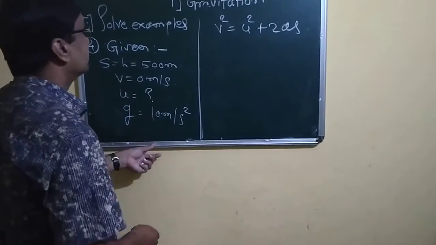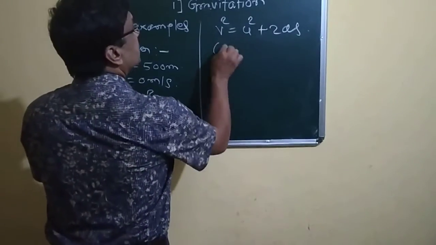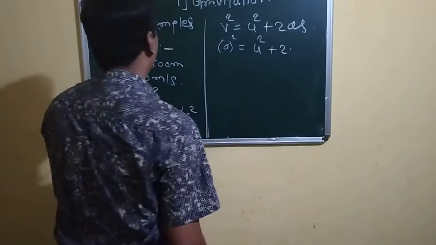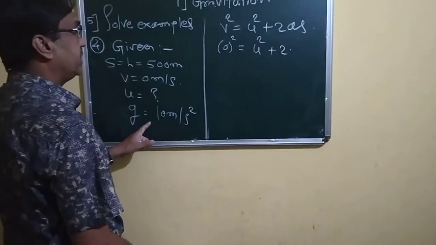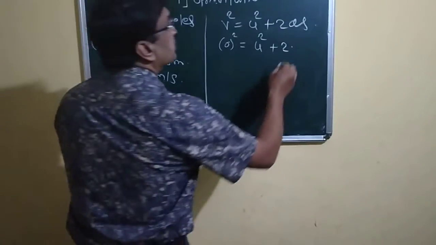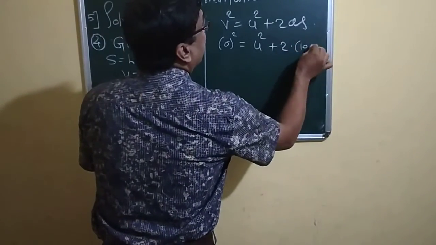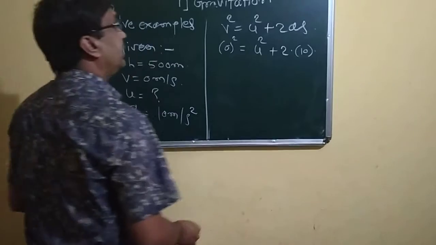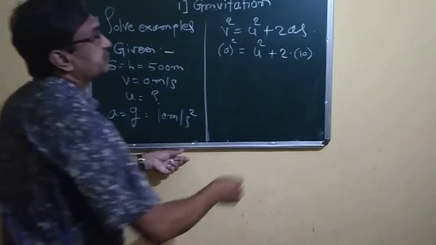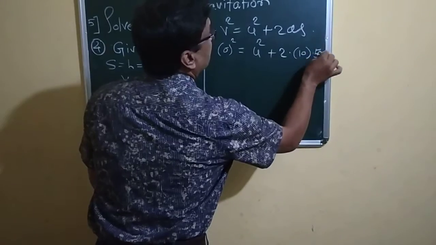We have v square is equal to 0 square. u square you have to find out, plus 2 into a, the value of a, that is g, that is 10, into displacement, yes, that is 500.